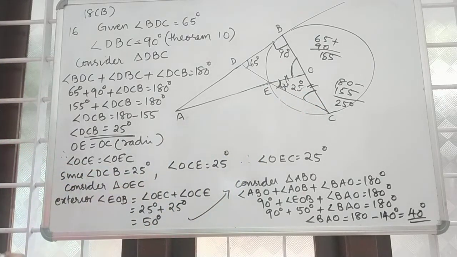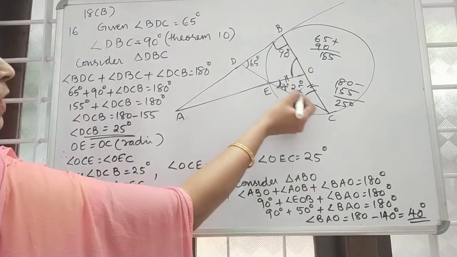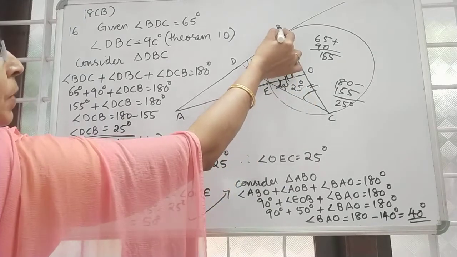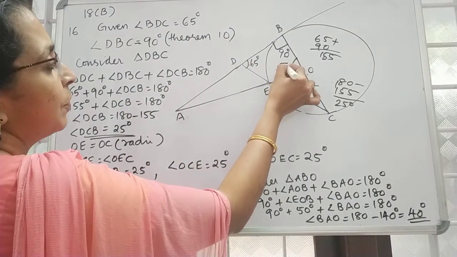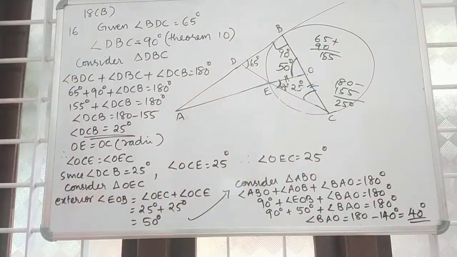So EOB is equal to 25 plus 25, so this angle will be 50 degrees. I think it is clear for you. EOB is equal to 50 degrees.